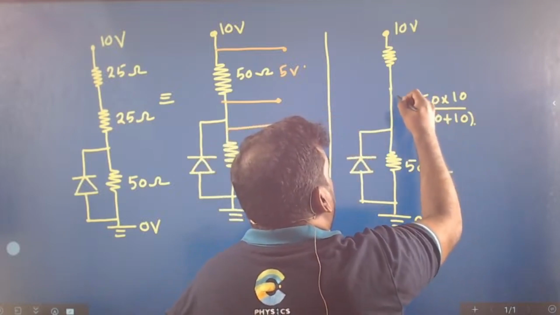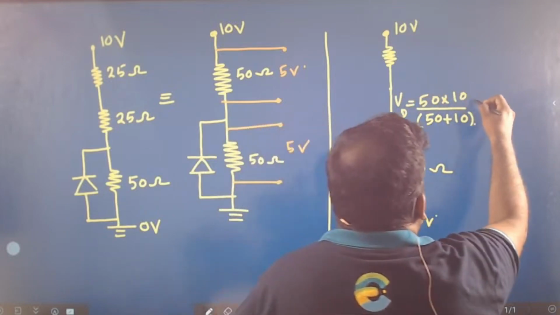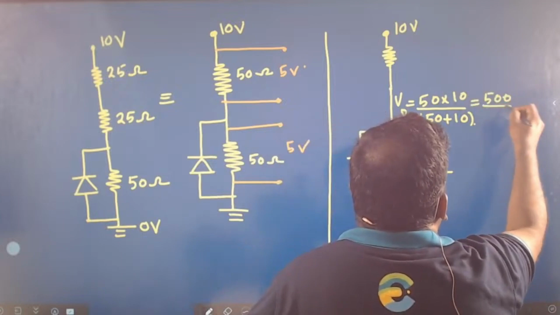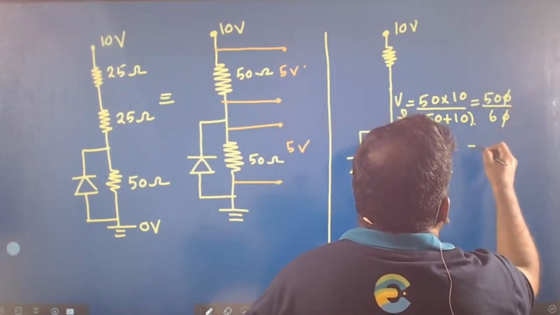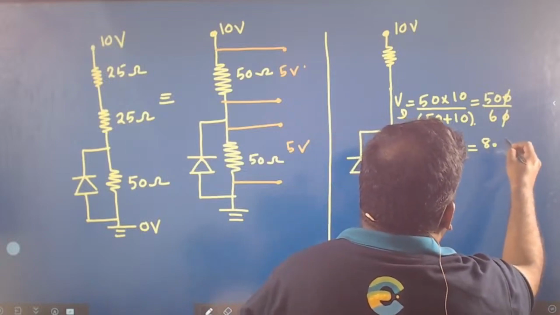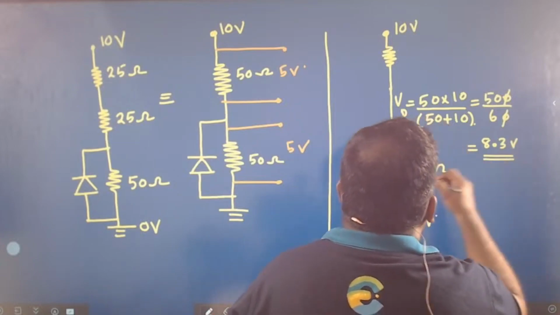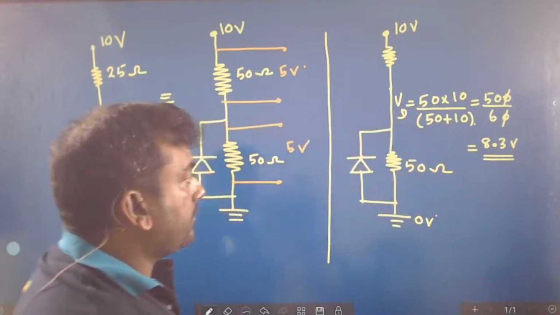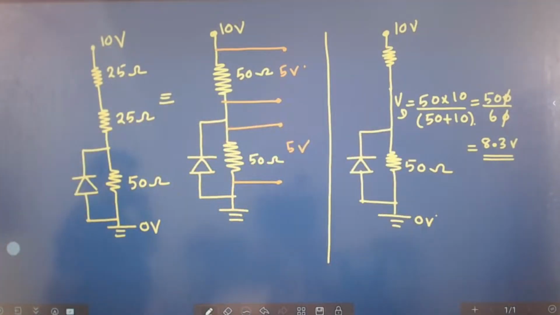Voltage across the diode: 500 divided by 60, you will get 8.3 volts. Around 8.3 volts. Look at this carefully.